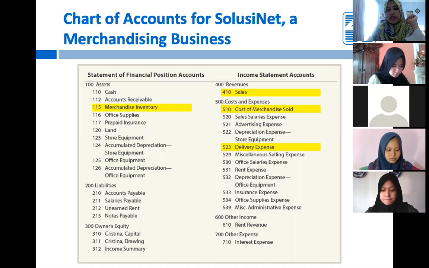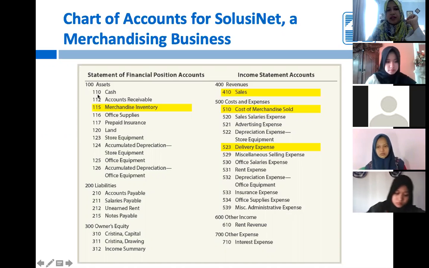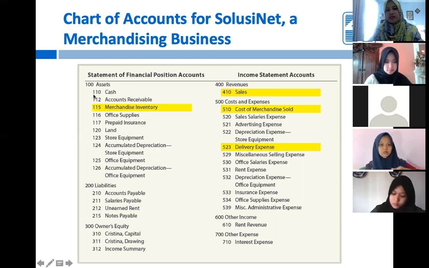Let's say one is for asset. And then they would have a sub classification number after that. Let's say 1 refers to current asset. And then a further sub classification, let's say cash, then they would add another digit into it.